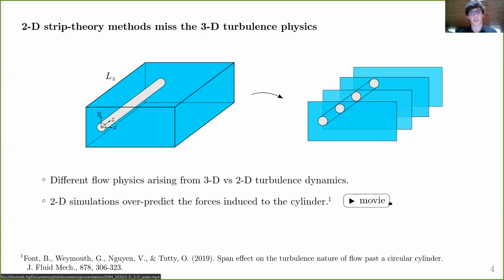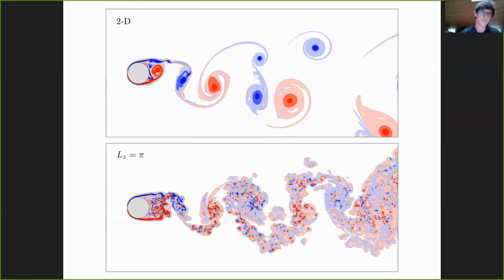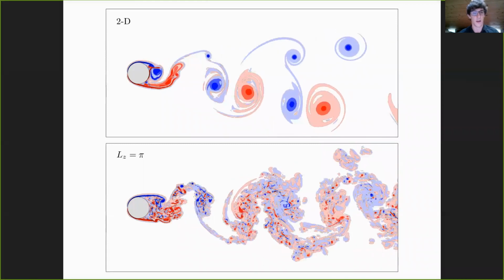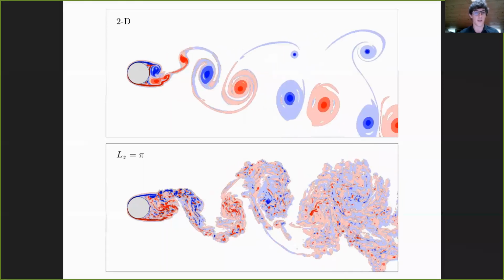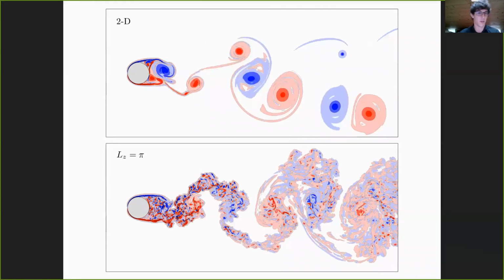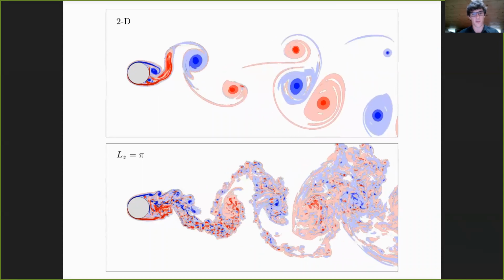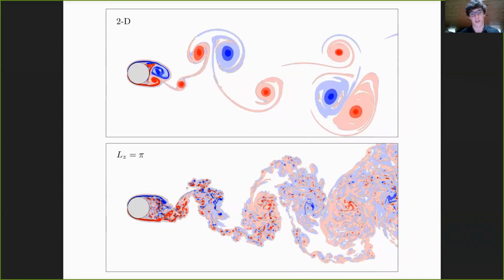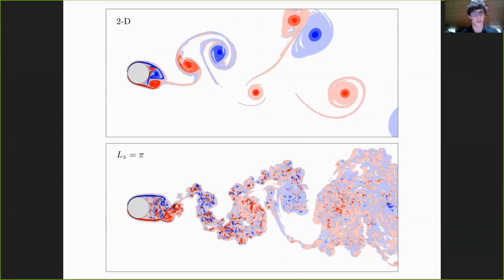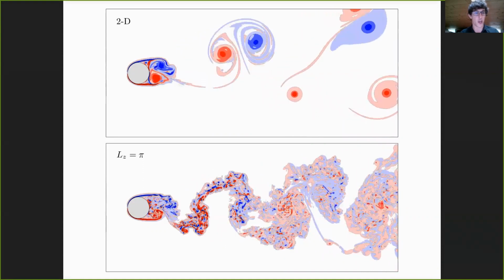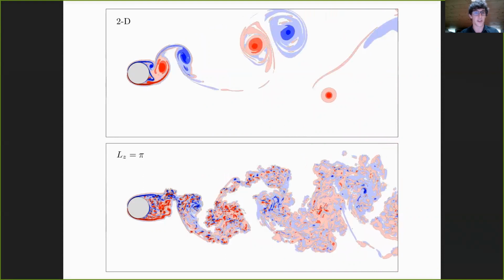So just from a qualitative point of view, we can see here how this would look. This is a simulation of flow past a circular cylinder at Reynolds 10,000. On top, we have a two-dimensional simulation, and on the bottom, we have a 3D one with a span of pi diameters. It can be observed how the top simulation presents very coherent and energized vortical structures.